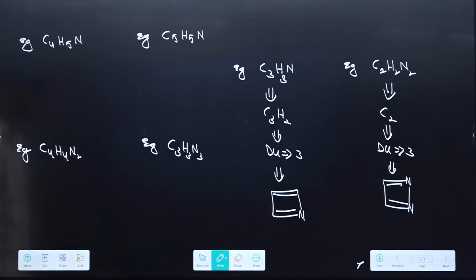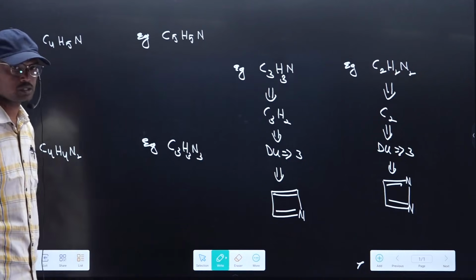See, every time nitrogens are coming, it will be helpful for mass spectrometry. Nitrogen role. This is nitrogen role only.